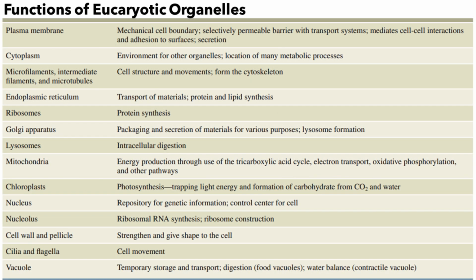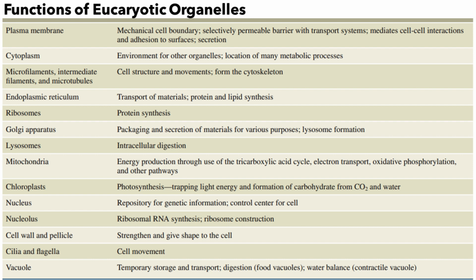Functions of eukaryotic organelles. Plasma membrane. Its function is as a mechanical cell boundary, a selectively permeable barrier with transport systems, mediating cell-cell interactions and adhesion to surfaces, and secretion.